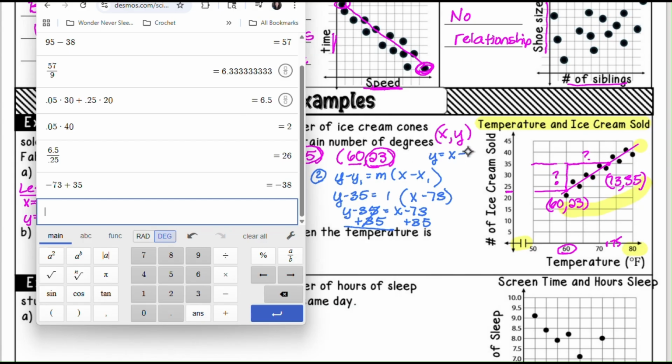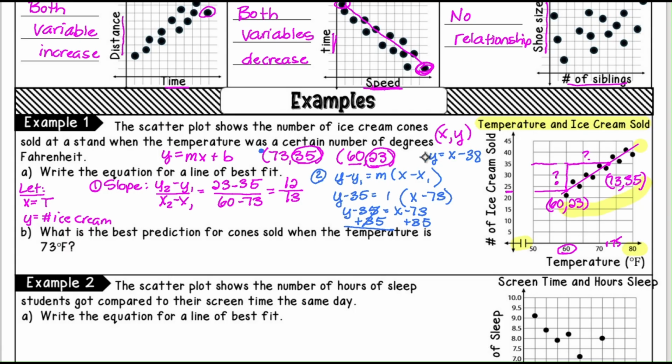So negative 38. This is my equation. It got a lot better when I just made that fraction be 1. Because we're doing this by hand, it's okay that I estimated a little bit with this.